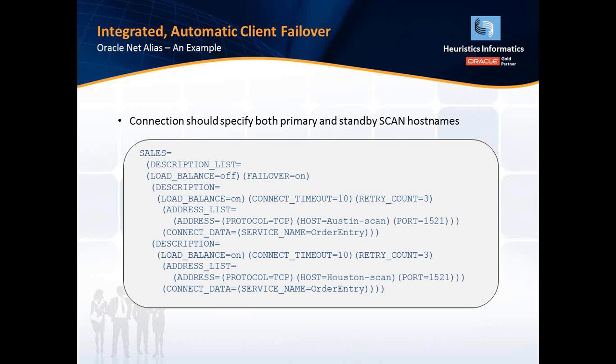Between the two descriptions, we've got load balancing disabled because obviously Data Guard does not allow for load balancing, but failover is enabled, which means if an application attempts to connect to the primary database and is unable to do so, it will automatically fail over to the secondary, which is the standby database.